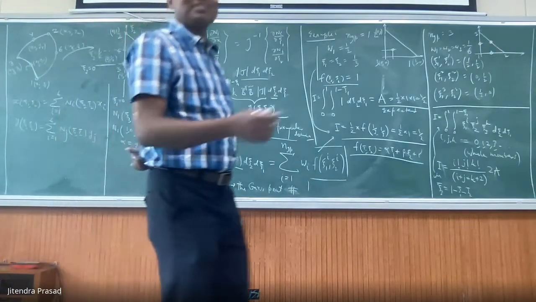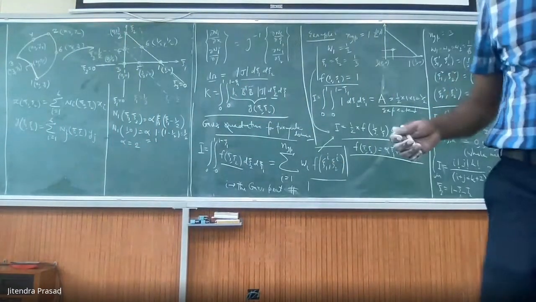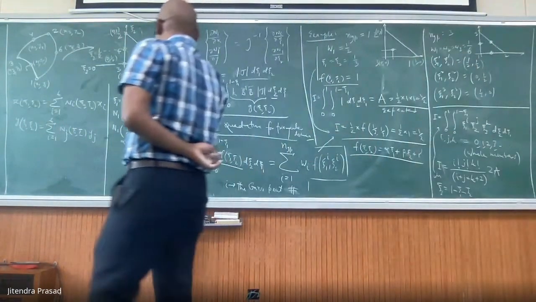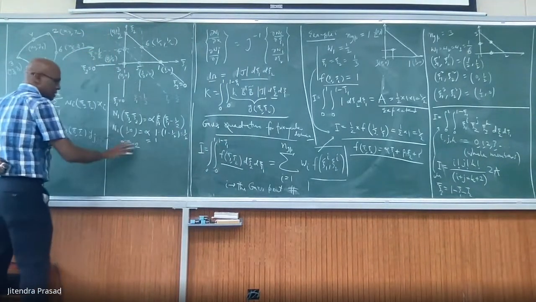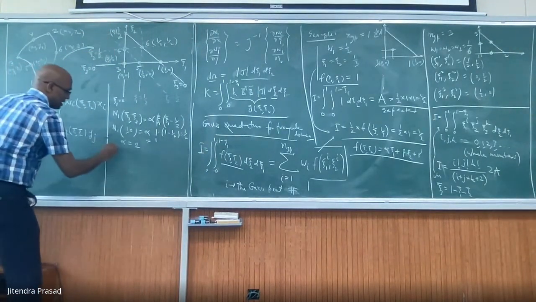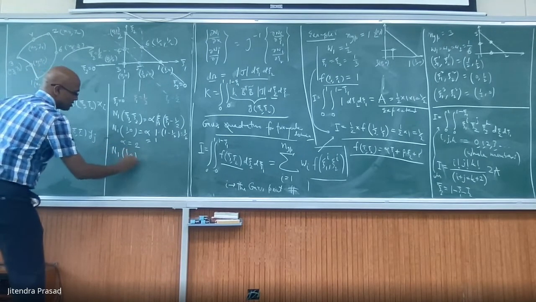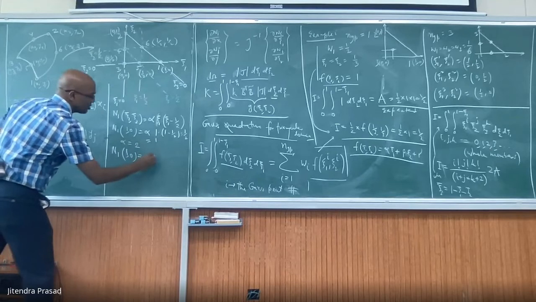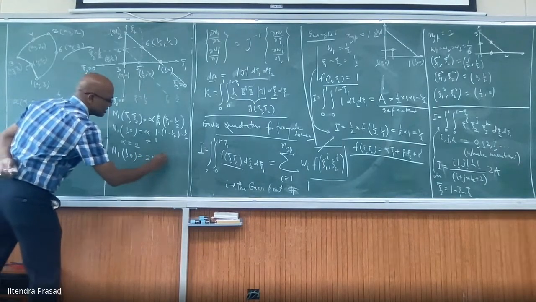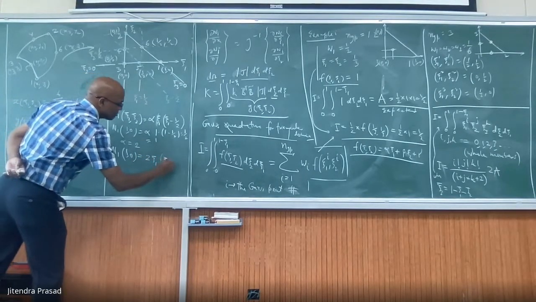Okay, now alpha is equal to 2, and hence n1 is equal to 2 Xi1 multiplied by Xi1 minus half.